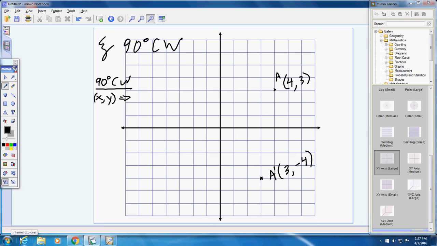If you're one of those people who just likes the speedy little ordered pair things, you don't have to draw anything or think about it. If you recognize 90 degrees clockwise, and here's my original point x, y, it really just becomes y, switches positions, and it becomes a negative x.